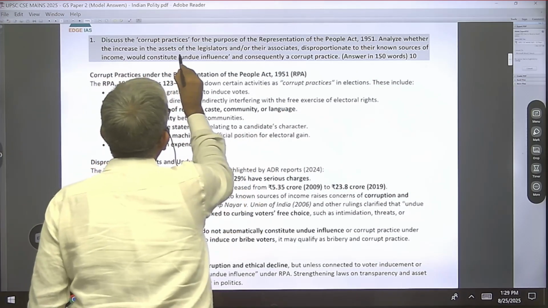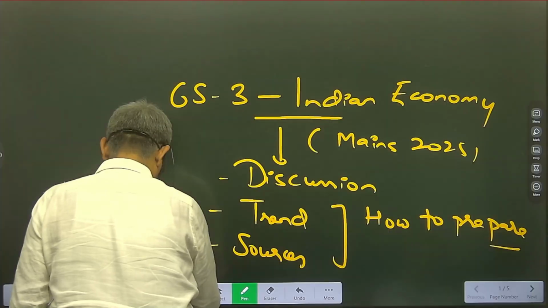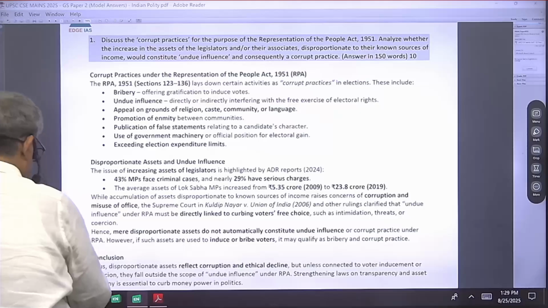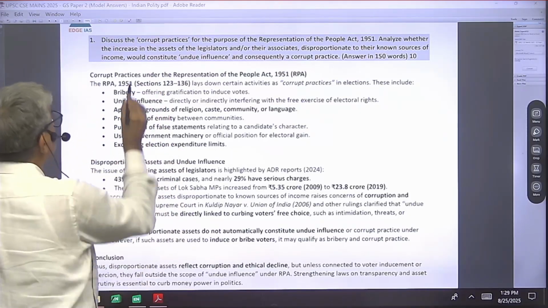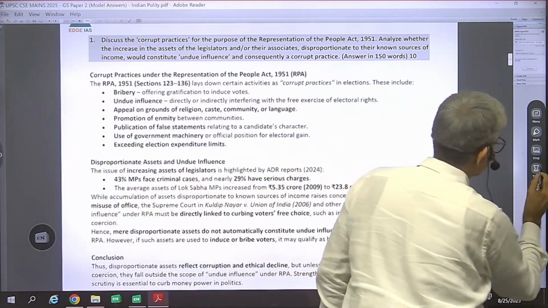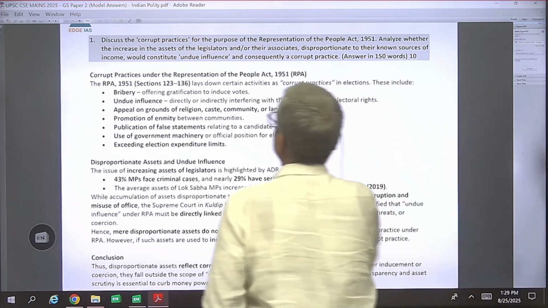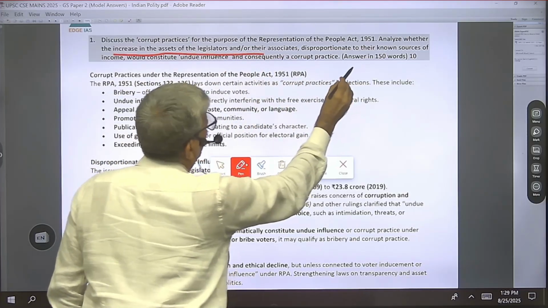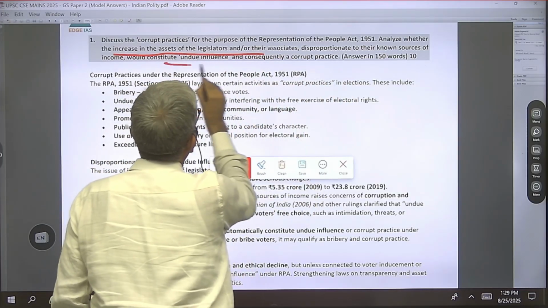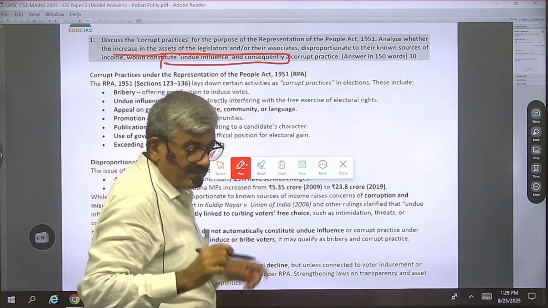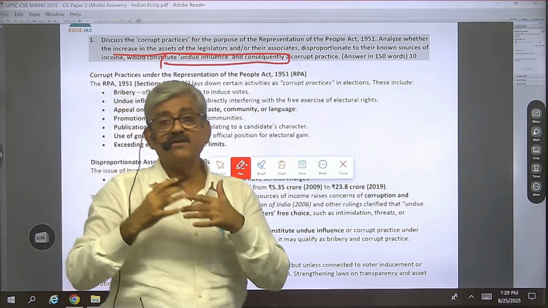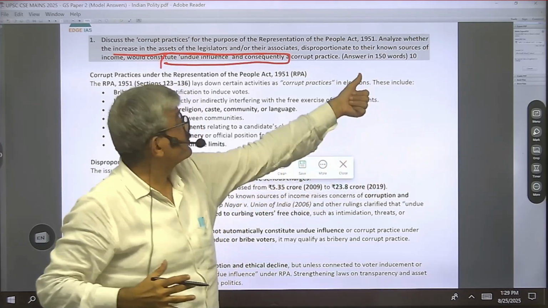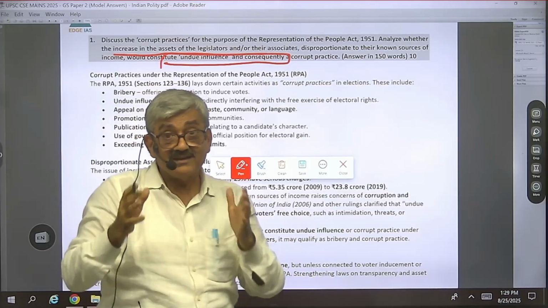Analyze whether the increase in the assets of the legislature disproportionately constitutes undue influence or not. The twist is whether amassing of wealth should be treated under anti-corruption acts or under the Representation of People's Act. This is the twist.